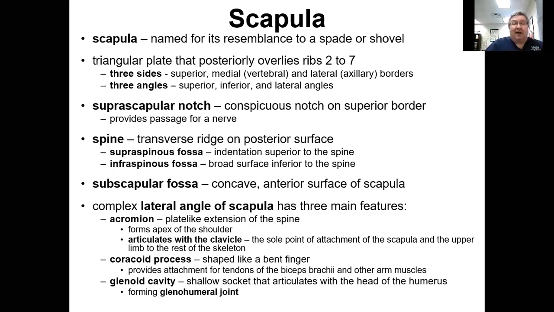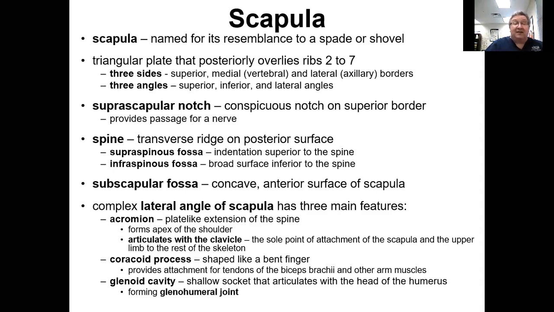The spine of the scapula, which is on the posterior side, splits the posterior side into 2 fossas, the supraspinous fossa and the infraspinous fossa. What's great about that is that in the supraspinous fossa, the supraspinatus muscle sits there, and in the infraspinous fossa, the infraspinatus muscle sits there.